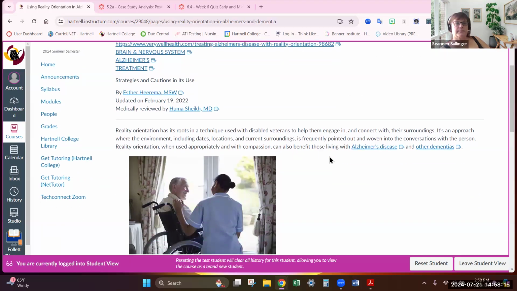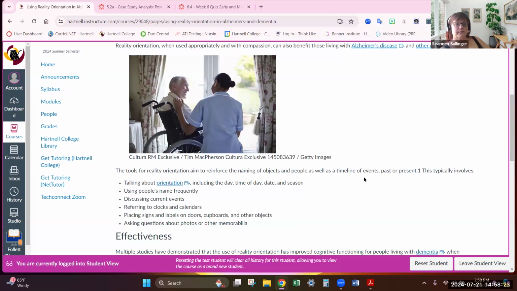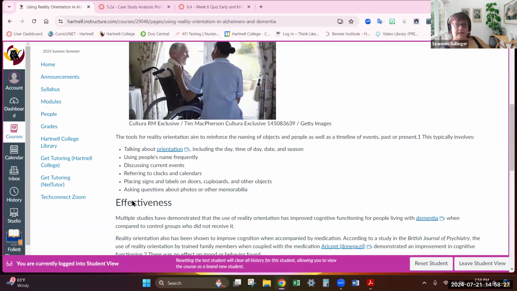This talks about being compassionate and using it appropriately, and it could also help people with Alzheimer's and other dementias. So I thought that was really good. These are some of the things: using their name, current events, clocks and calendars, labels, signs, writing notes.